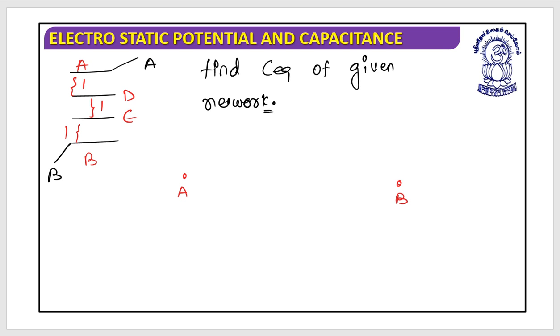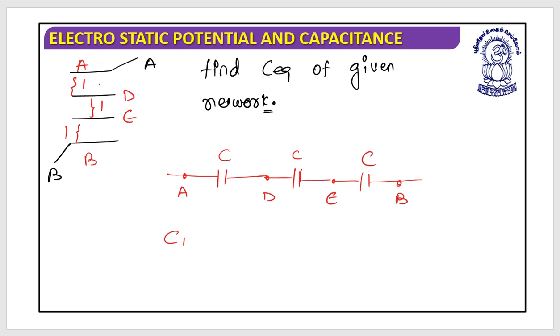This is A, this is B, and these are D and E. I require one capacitor between A and D, one more capacitor between D and E, and one more between E and B. Each is C.